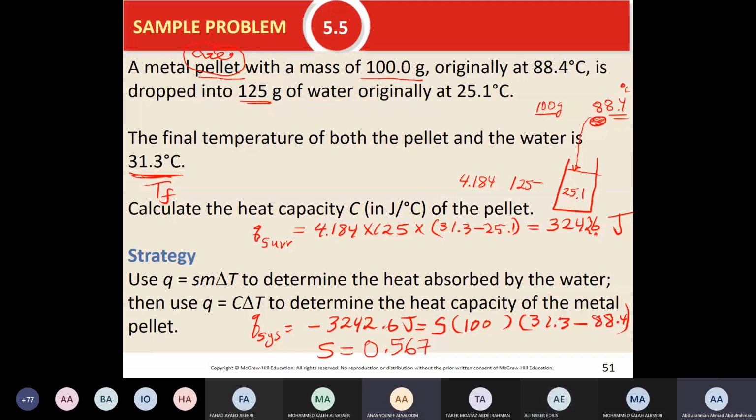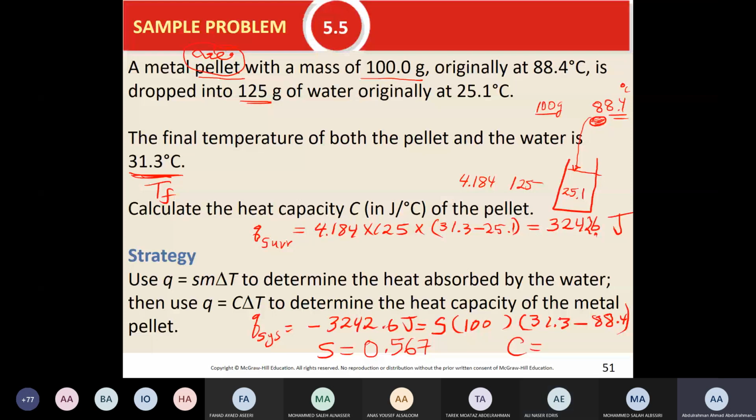Doctor, didn't he say the capacity? Did he say capacity or specific heat? Okay, calculate the heat capacity. Yes, multiply by 100. Yes, this is a specific heat. What's the heat capacity?